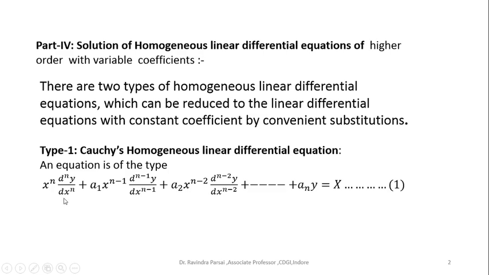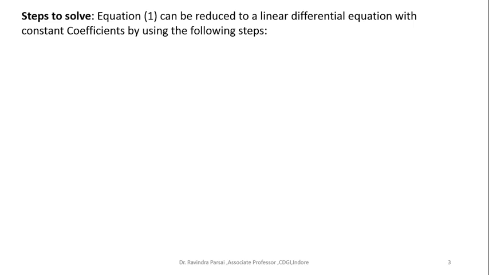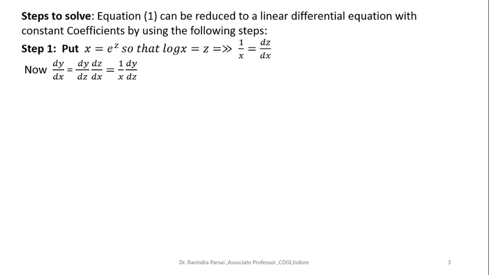An equation of the type x^n d^n y/dx^n + a1 x^(n-1) d^(n-1) y/dx^(n-1) + ... of this category is called a Cauchy homogeneous linear equation, where a1, a2, a3, ..., an are constants and capital X is any function of x. Our first step is to reduce it into constant coefficient by using the following steps.